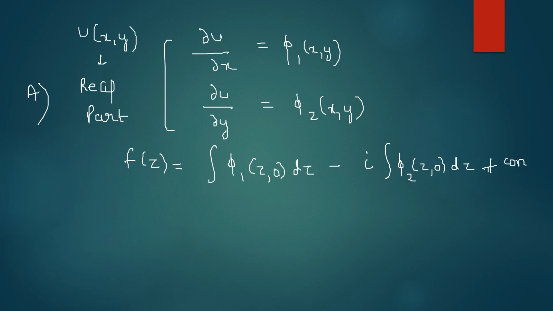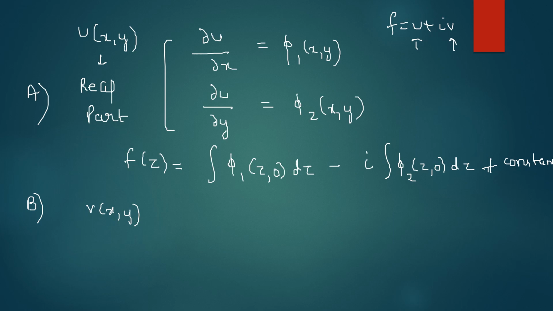Now what does it mean? I'll take up one example and make you understand. Now if another case is given in the question, that the imaginary part is given, let's say v(x, y) is given. You have a function in which you have u plus iota v. This is the real part, this is the imaginary part.